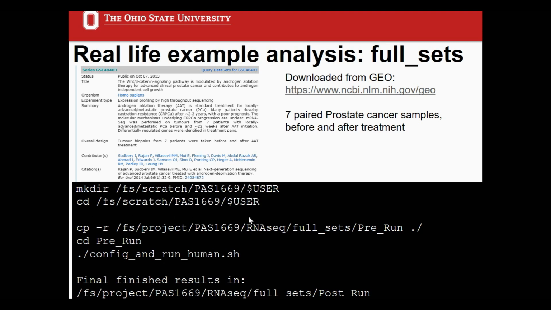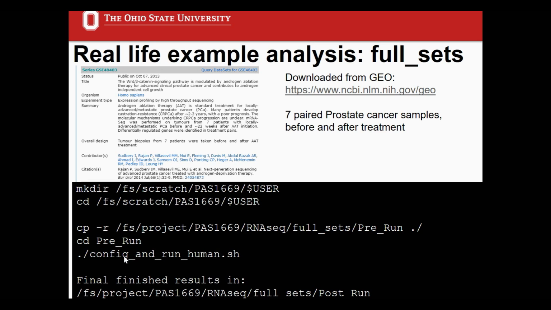Then you can go to that folder and copy the full set pre-run into it. Go to the pre-run folder and just type ./config and run human.sh, this shell script.